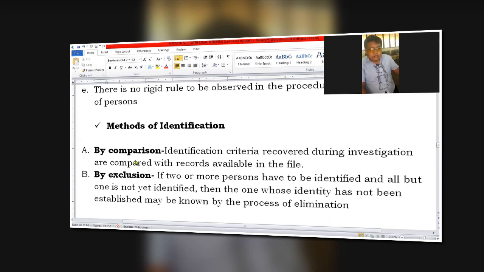Whoever has the greater number of leads pointing to him will be the primary suspect, or vice versa. If there are 10 suspects and you exclude those suspects or persons of interest that have lower evidence to prove their participation, then at least you could establish who is the primary suspect.